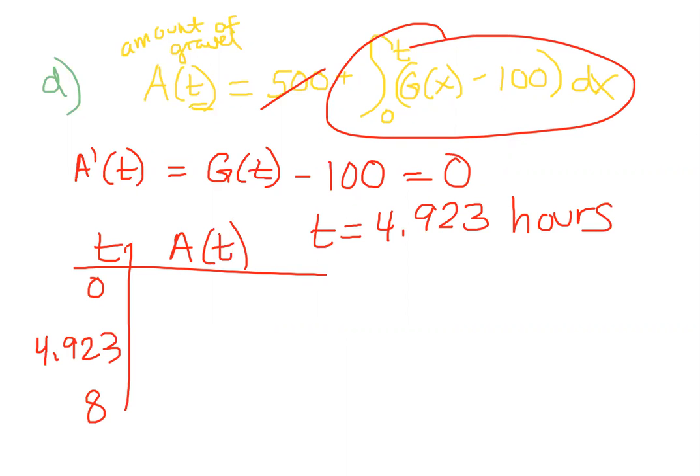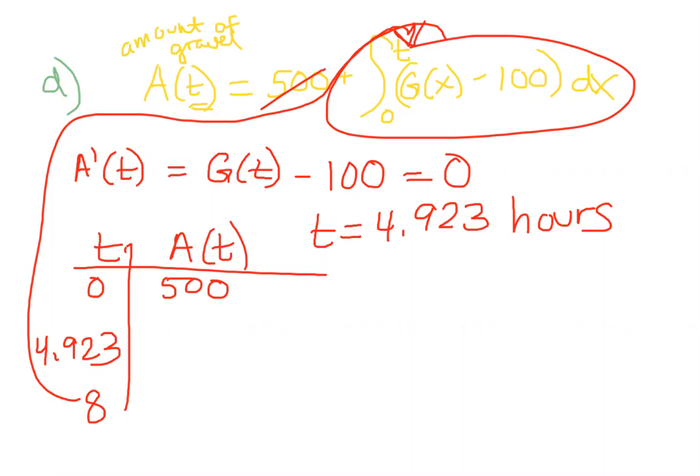And then, at time t equals 0, we had 500. At time t equals 8, you would put an 8 into this, and you would do that on your calculator, and you should get 525.551. And if you put 4.923 into that equation on your calculator, you would get 635.376.